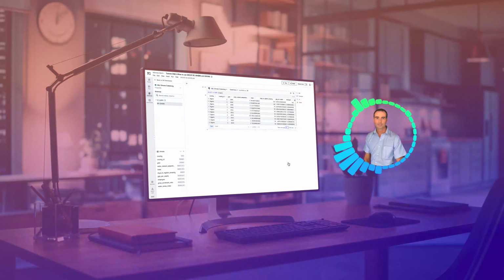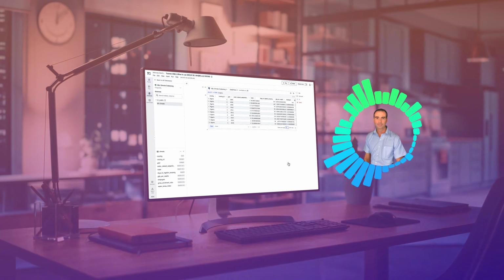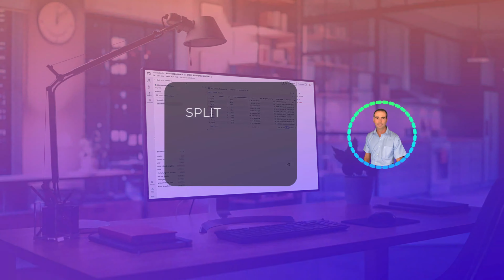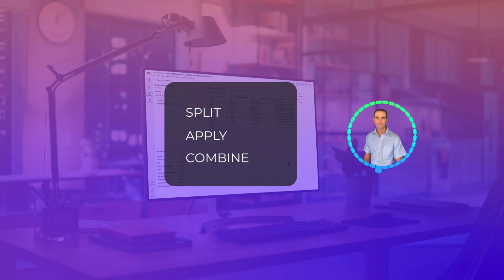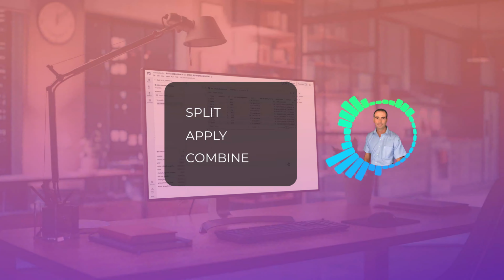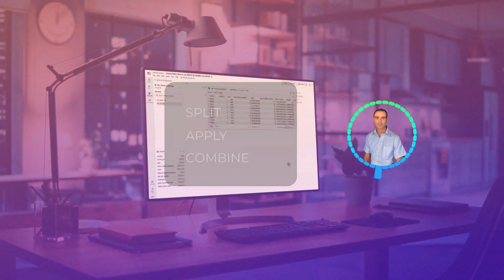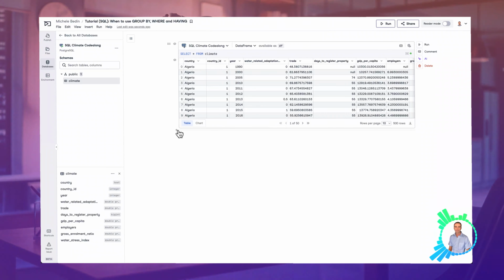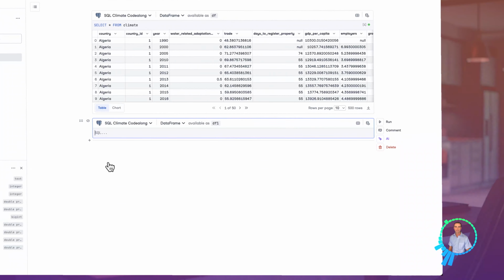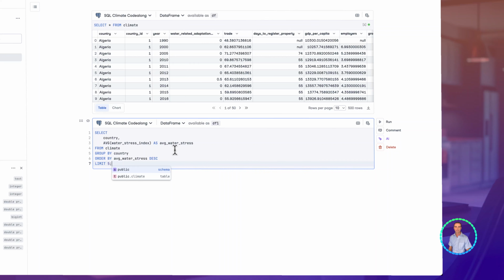The group by clause is crucial in aggregating data in SQL. It works in three basic steps: split, apply, and combine. Although the explanation may be complex, let's explore some practical examples to understand it better. This query identifies the top 5 countries with the highest average water stress over the years.